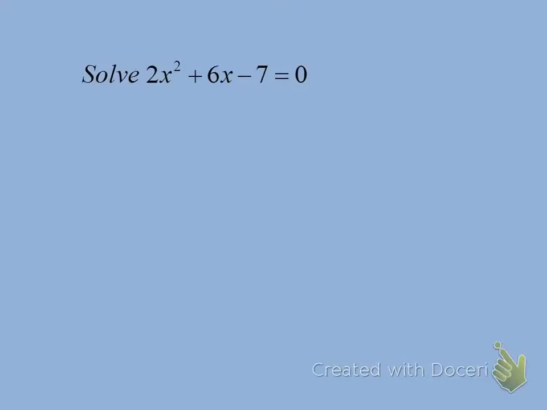If you end up with one like that, what's B? Here, let's go. A, B, C. B is 6, right? So negative B plus or minus the square root of B squared minus 4AC is what? It's called the discriminant.